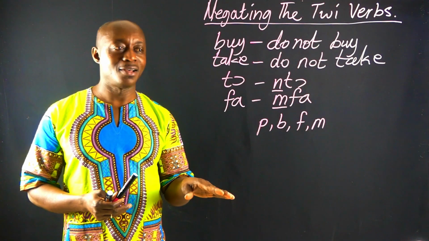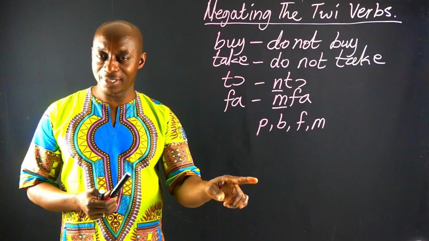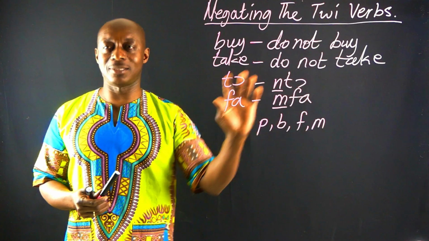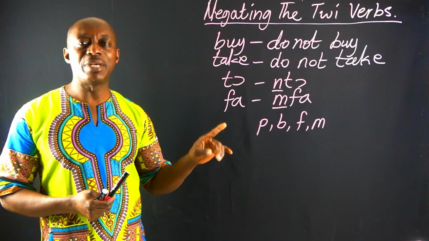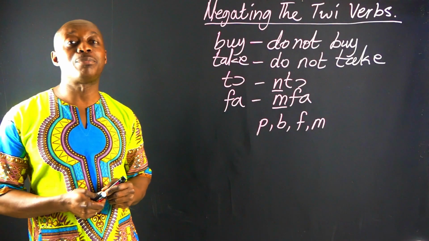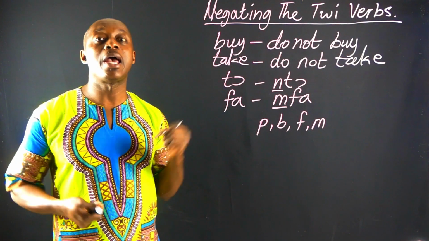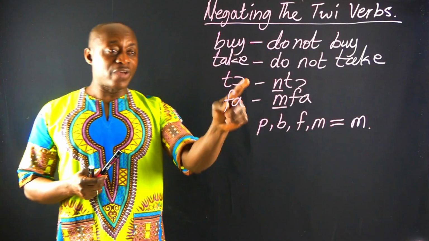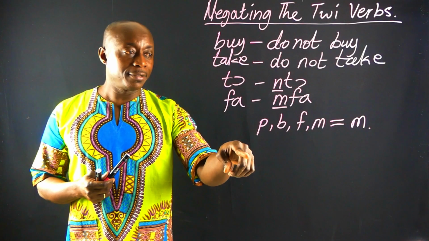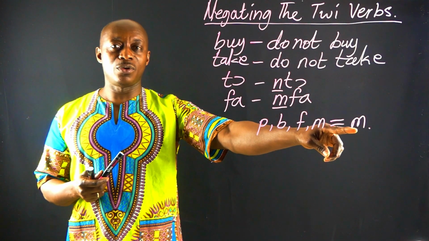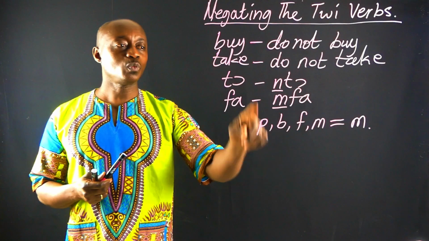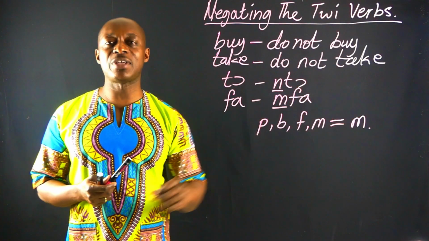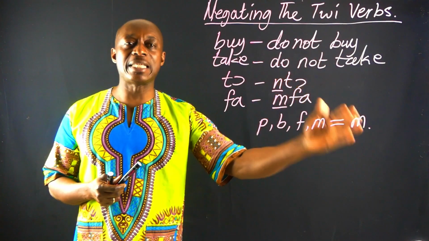In Twi, all those verbs that begin with one of these consonants, for them to become negative, you have to prefix them with M. All Twi verbs that begin with P, B, F, as well as M, in the negative, you prefix them with M for them to become negative.